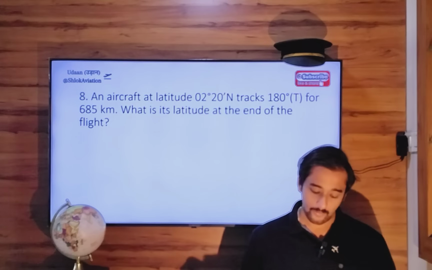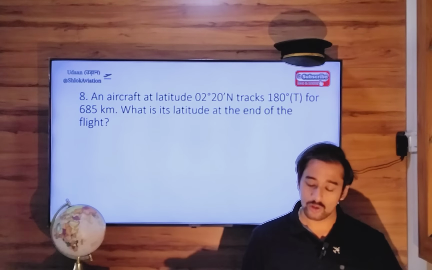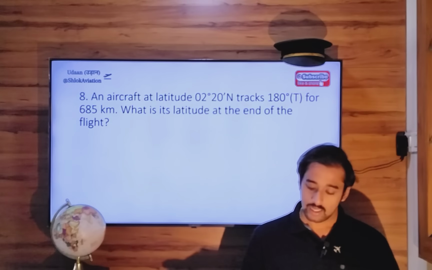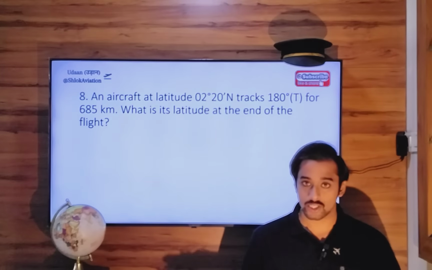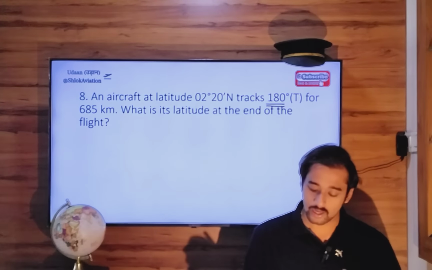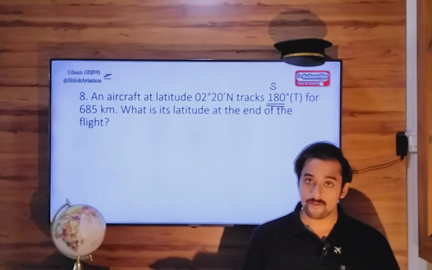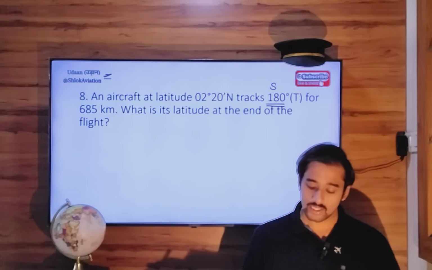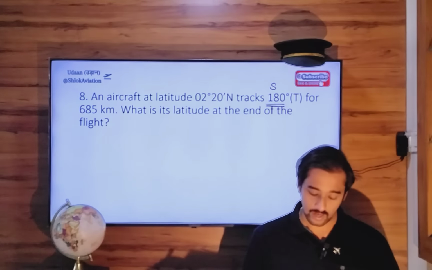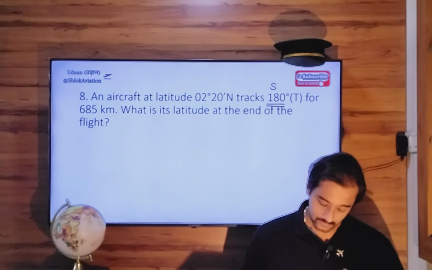Next, question 8. An aircraft is at latitude 2 degrees 20 minutes north. It tracks 180 direction, that is a south direction, for 685 kilometers. What is its new latitude at the end of the flight? So let's say this is your Earth.